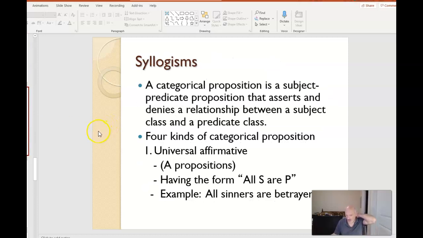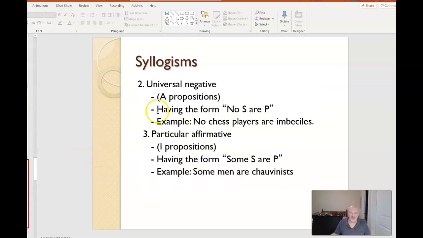Syllogisms are a classic product of categorical logic. Categorical logic has only four types of statements in it: the all S are P, the no S are P, the some S are P, and in this case, S and P stand for subject and predicate, and they are nouns, not sentences.